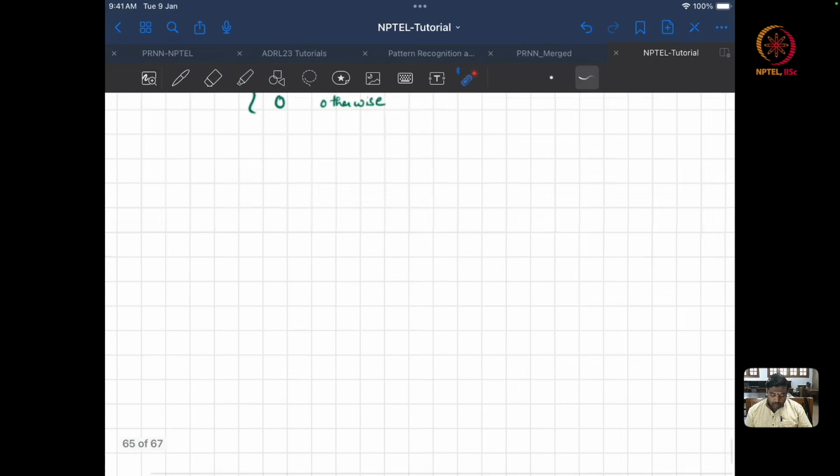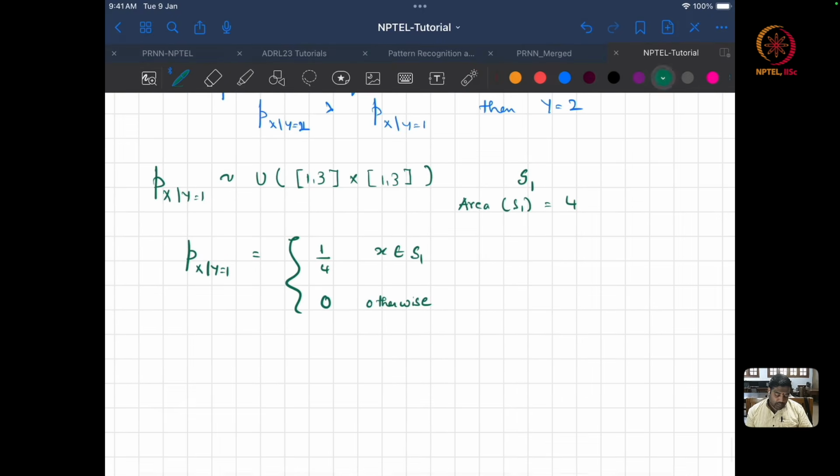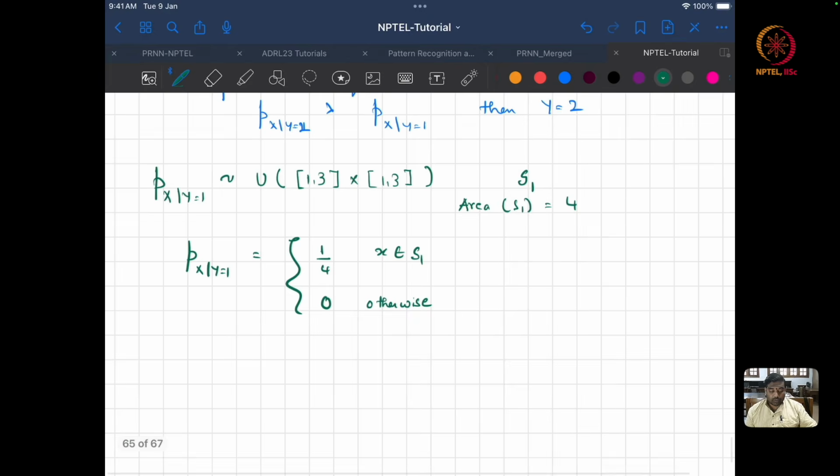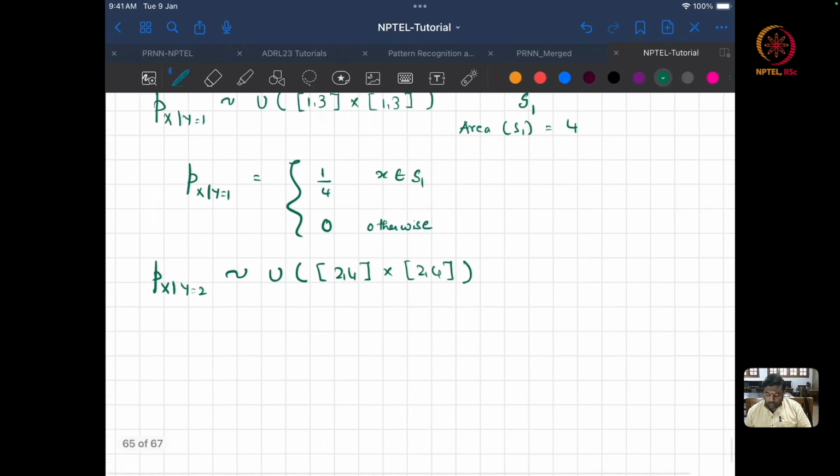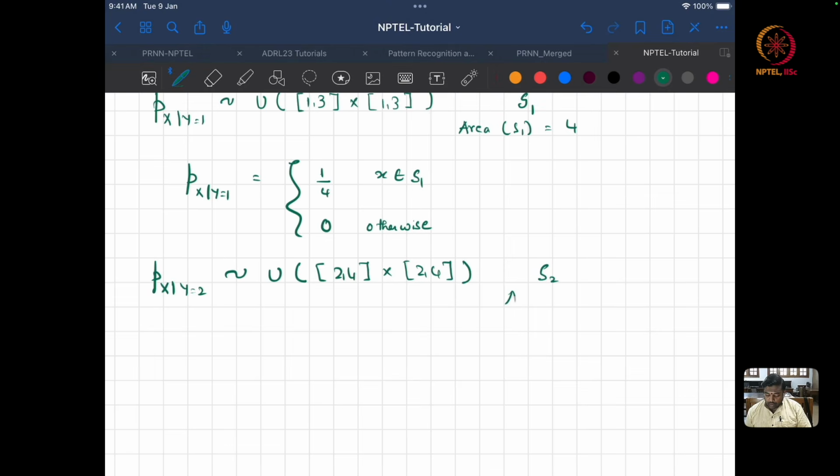Okay, now similarly let's look at the other class also. The probability of x given y equal to 2 is uniform over the region [2,4] cross [2,4]. Okay, now let's call this region S2, and we know that the area of S2 is 4.